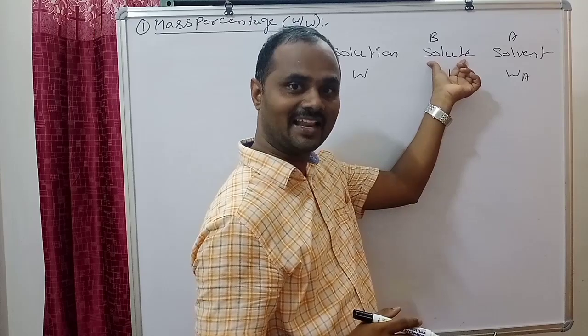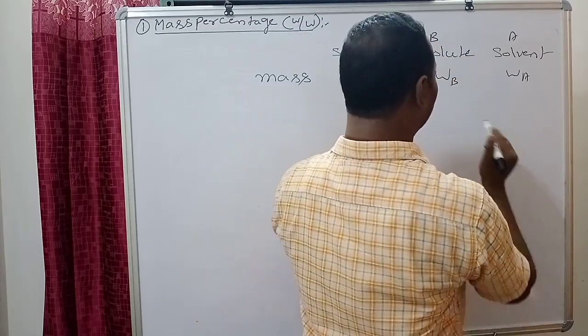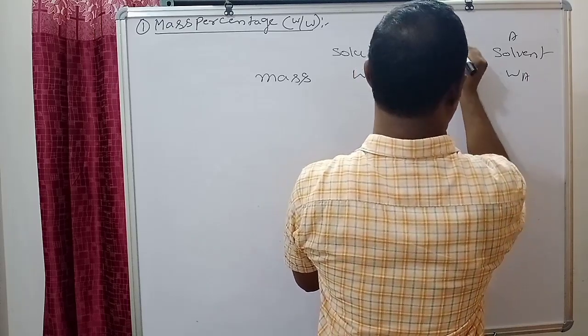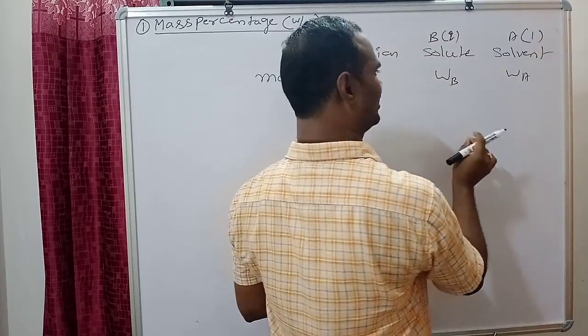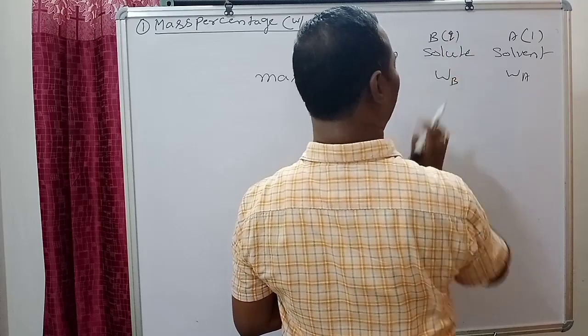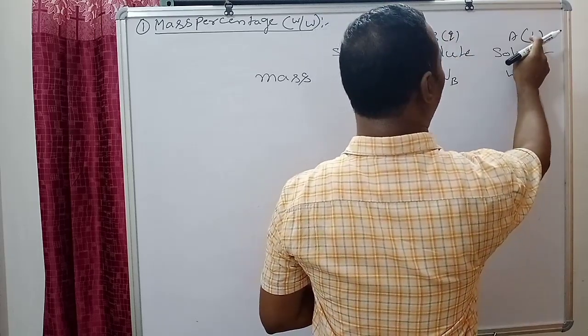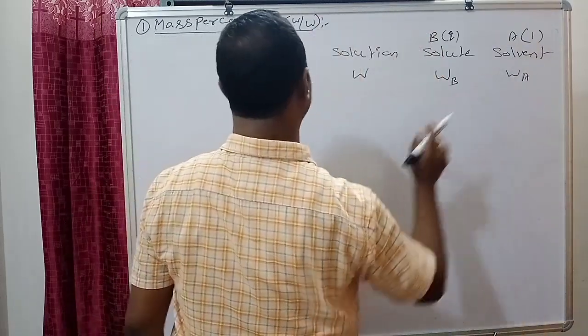Solute quantity is less, so it gets the second letter. Otherwise, sometimes instead of letters they will give numbers. Suffix 1 indicates solvent, and 2 indicates solute. These are the mass symbols.